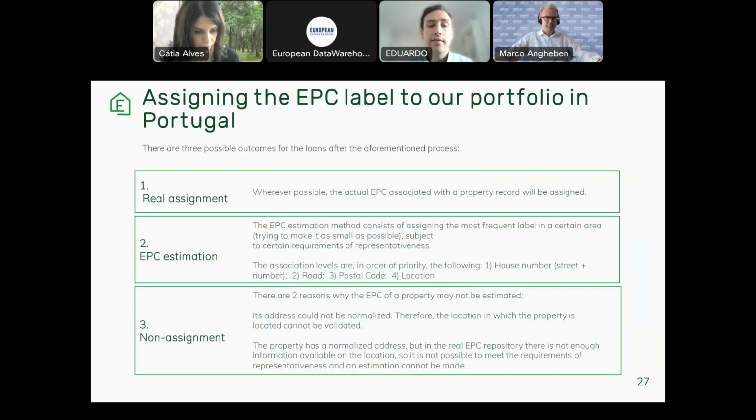Based on this, we can have three possible outcomes. As we were saying, the perfect scenario where we can do a real assignment. If not, we have to work on an estimation, which we will see in more detail in the next slide. Basically, this consists in assigning the most frequent label in a certain area. This area can be, in order of priority, the same building, the same house number.